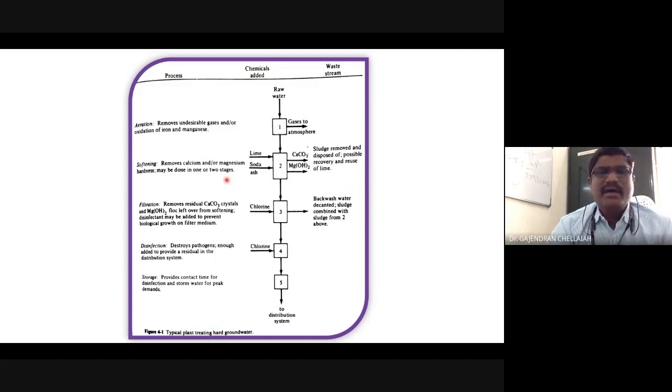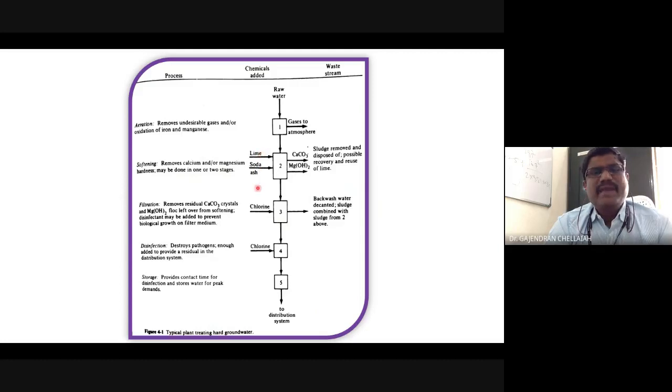We studied in our 12th standard the lime soda process and zeolite process. These are the processes through which we remove the hardness from the water. Removing hardness is known as softening. It depends on the source of your water. Normally we add lime or soda ash.